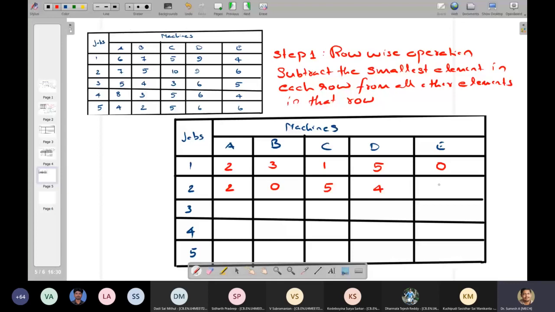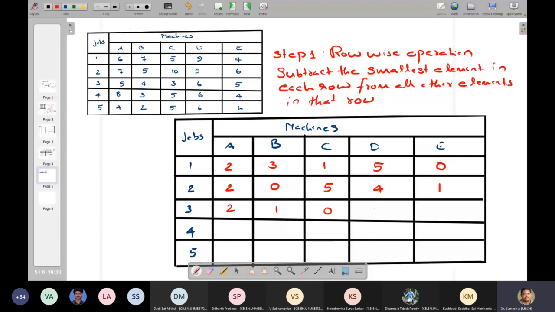Third row, the smallest is 3, so this will be 2, 1, 0, 3 and 2.